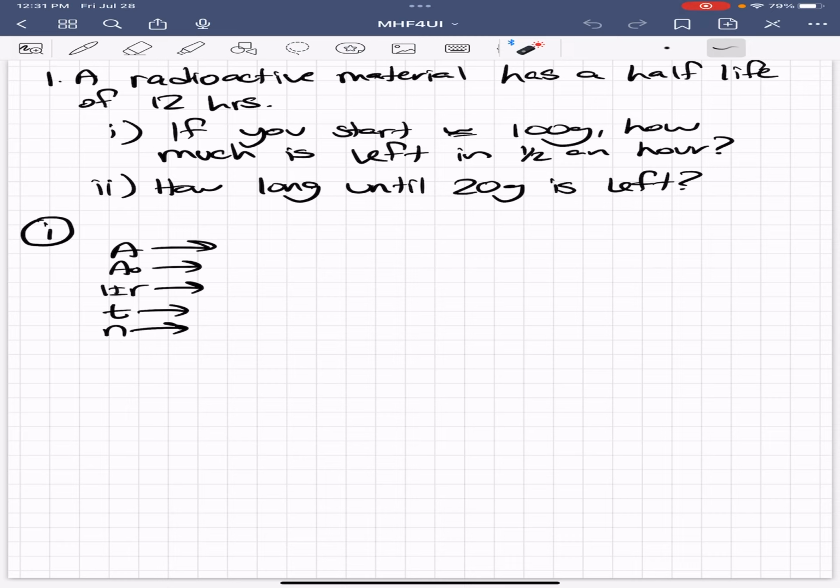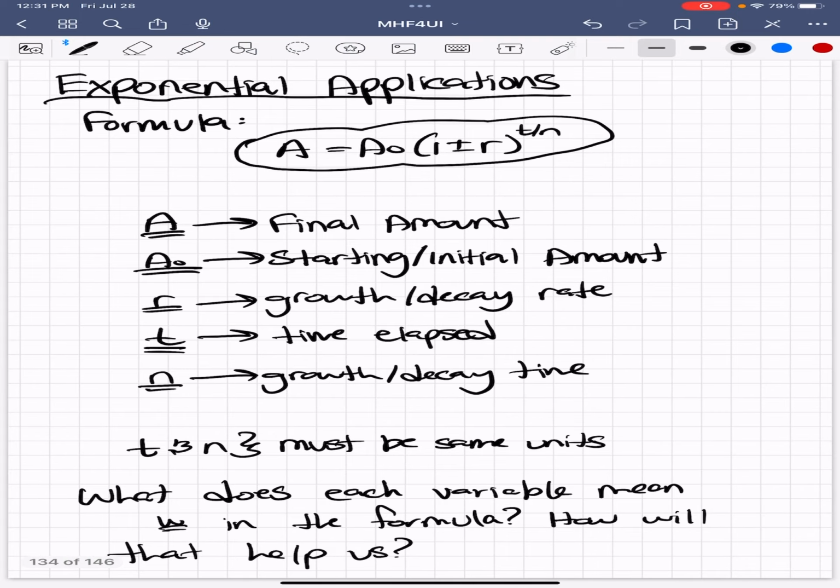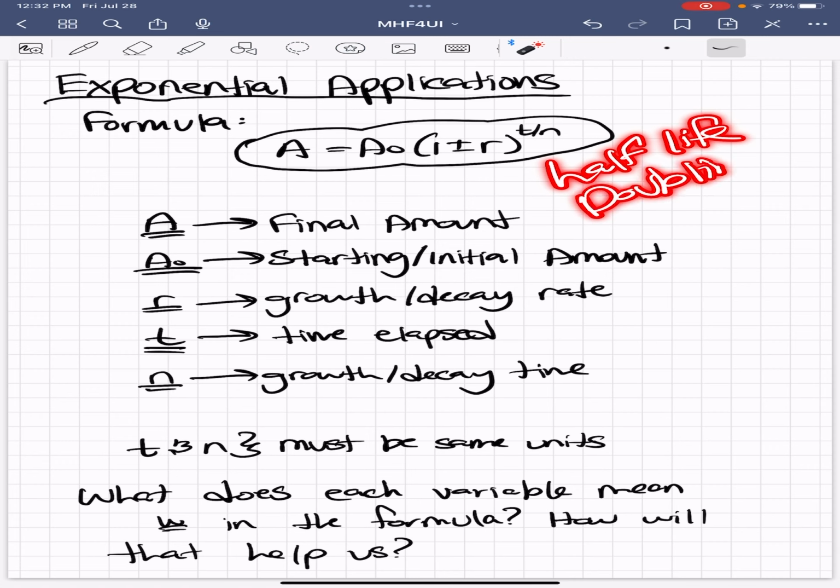Okay, so the first question is, if you start with 100 grams, how much is left in half an hour? So we're starting with 100 grams, so initial amount is 100 grams. We don't know what the final amount is. 1 plus minus R is just going to be half, because it's a half-life. We use terms like half-life and doubling period.